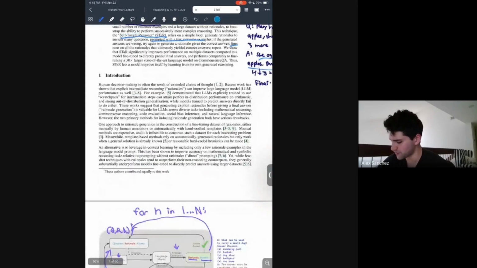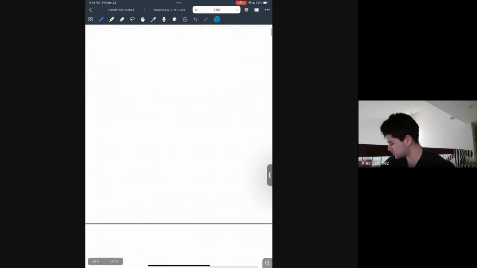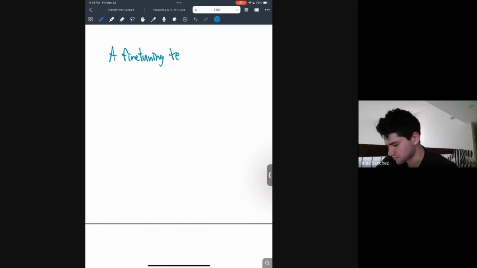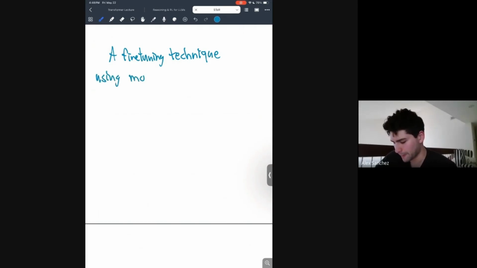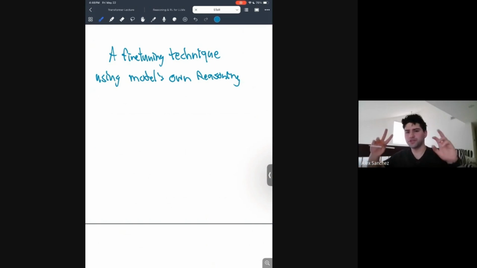But what is STaR fundamentally? STaR is a fine-tuning technique that uses a model's own reasoning to create kind of the perfect data set to later fine-tune and iteratively improve the model on it.